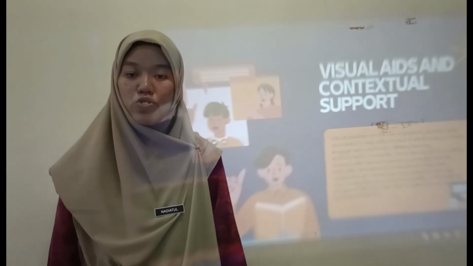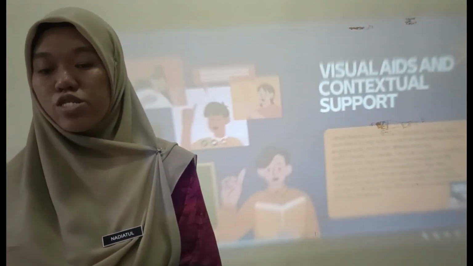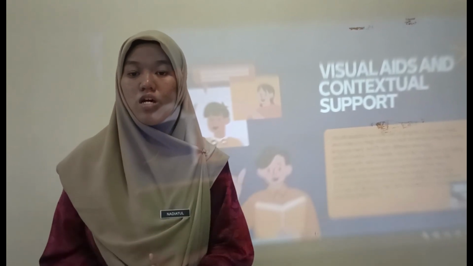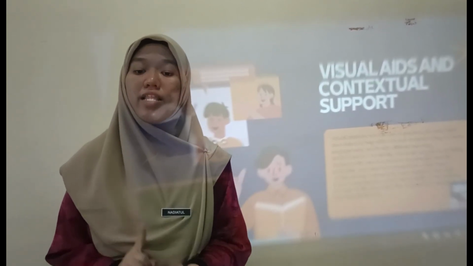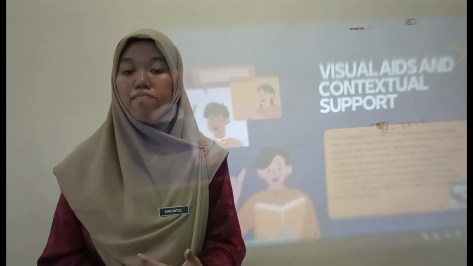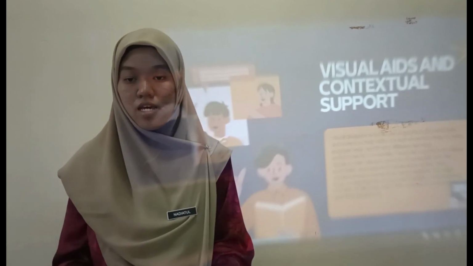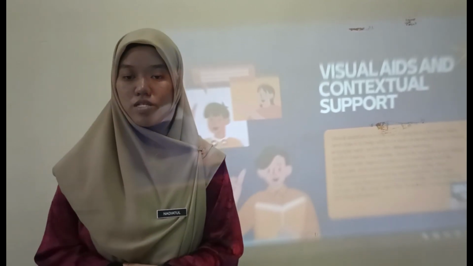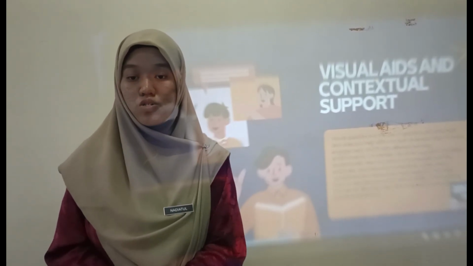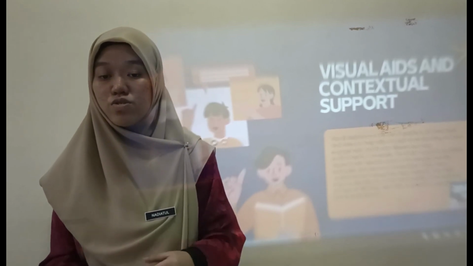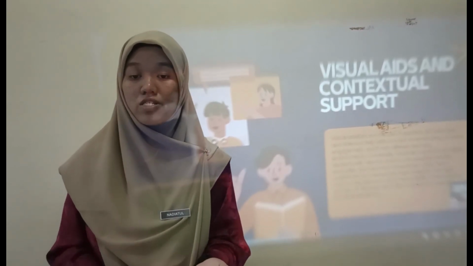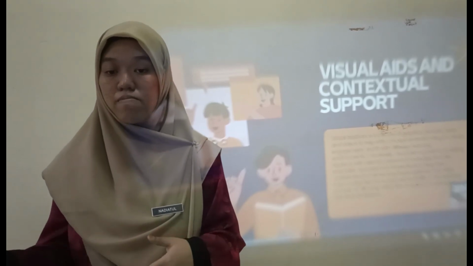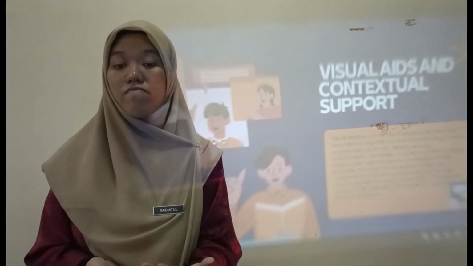Next is visual aids or contextual support. Visual assistance is the use of graphics, pictures, text, and also video to help concept understanding, increase engagement, and fit with different learning environments. Visual aids also support providing students or children with relevant previous knowledge, real-life examples, and personal connections to help them understand and remember the fresh material.